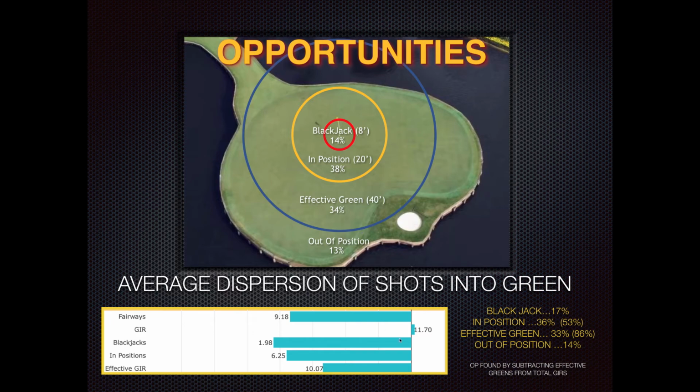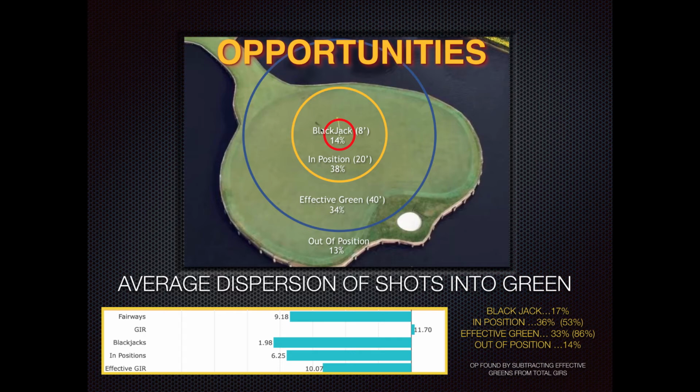To find out of positions, you can do a little math. Take your GIRs, subtract your effective greens, and with this player, it's 1.63 out of positions per round. That gives you an idea of what they're doing and how they're ball striking it. Some correlations you see are that blackjacks and out of positions neutralize each other.